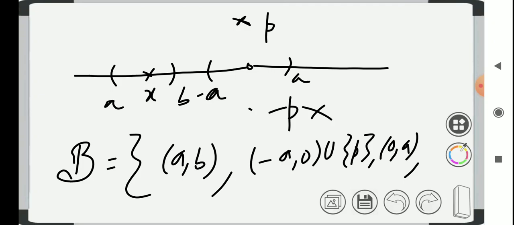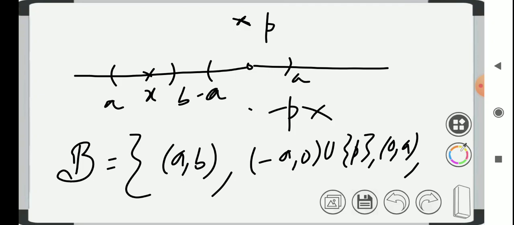First we choose all the intervals of type (a, b), but those intervals should not contain P or minus P. For P and minus P we choose different types of intervals. For P we choose its neighborhood to be minus A, 0, union P, union 0, A.